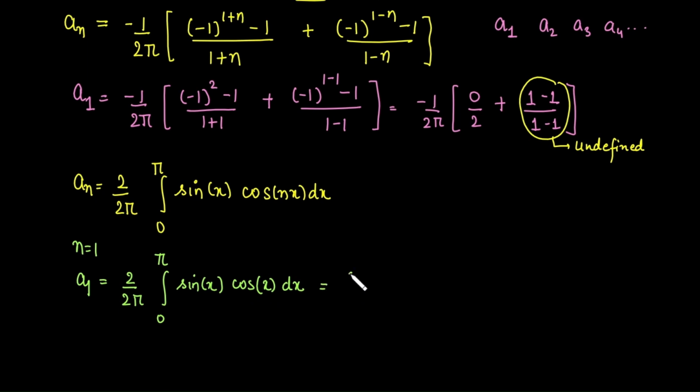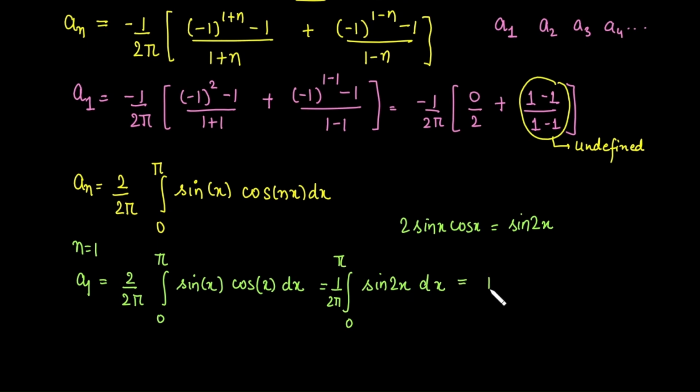Now this is equal to 1 by 2 pi. If you club 2 over here, so 2 sine x cos x, that is equal to sine 2x. So we can write here as sine 2x integration with respect to x and the limits are 0 to pi.